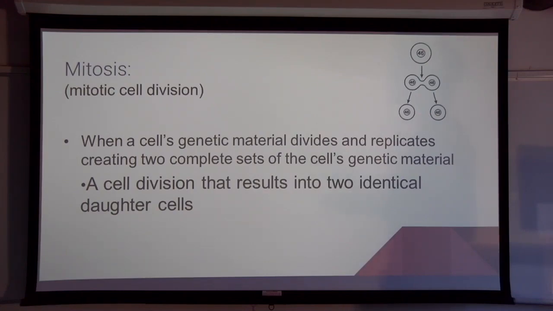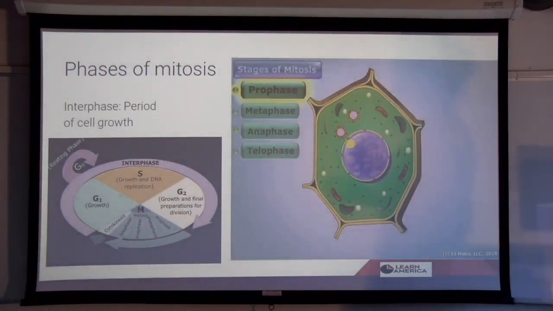In order for the cell to do that, it will go through the process of mitosis. For mitosis to take place, there are different phases. There's interphase, which is known as the resting phase. During interphase we have a growth phase. The DNA replicates, and then it prepares for division.